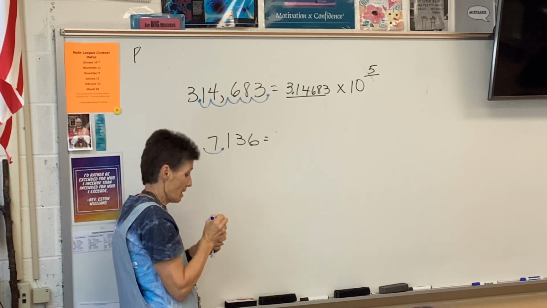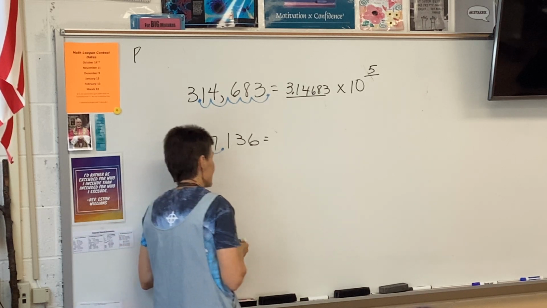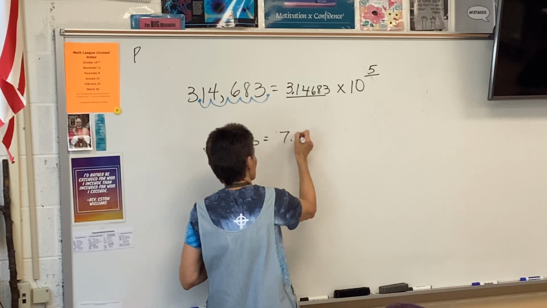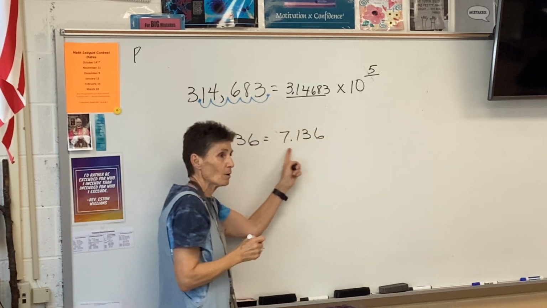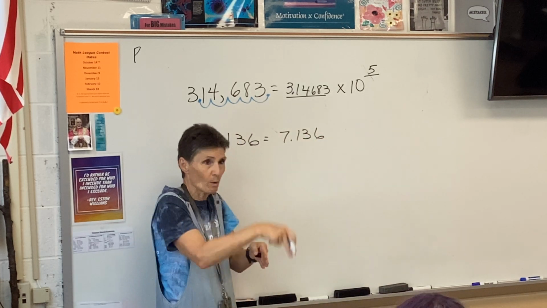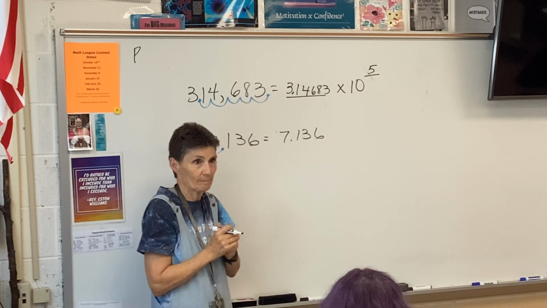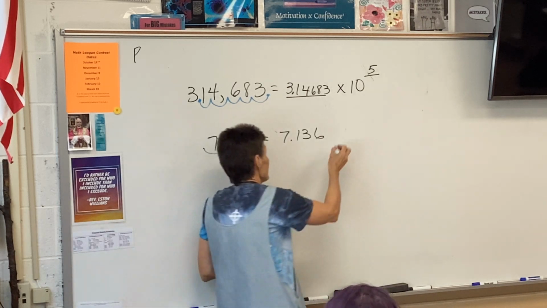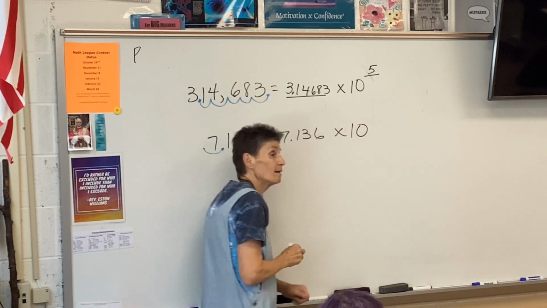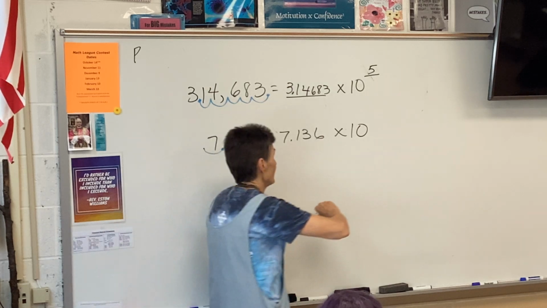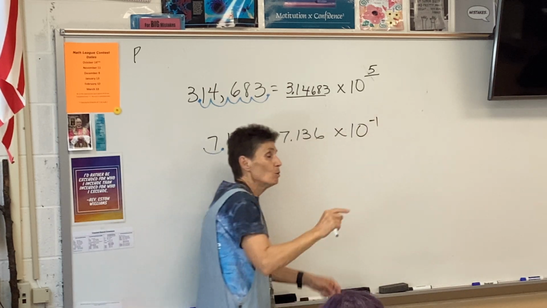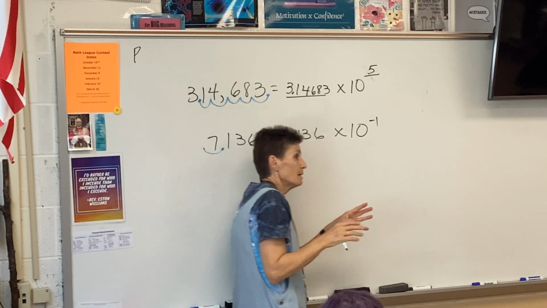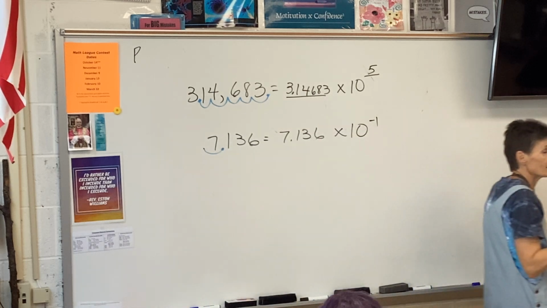That would give me 7.136. This is how your number has to look. Something point. One number point. Times 10 to the what? Negative 1. Very good.